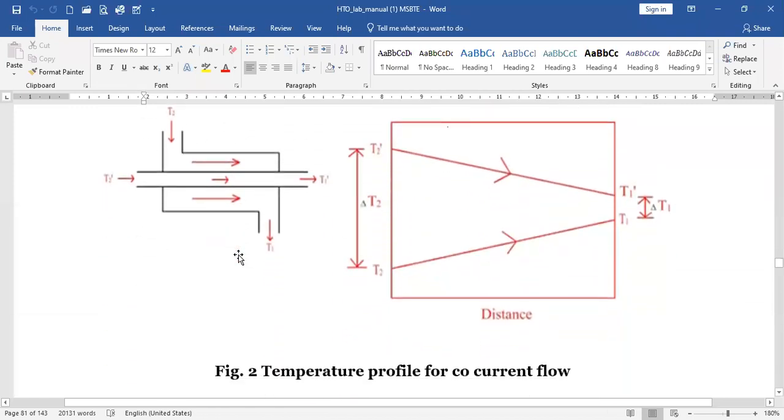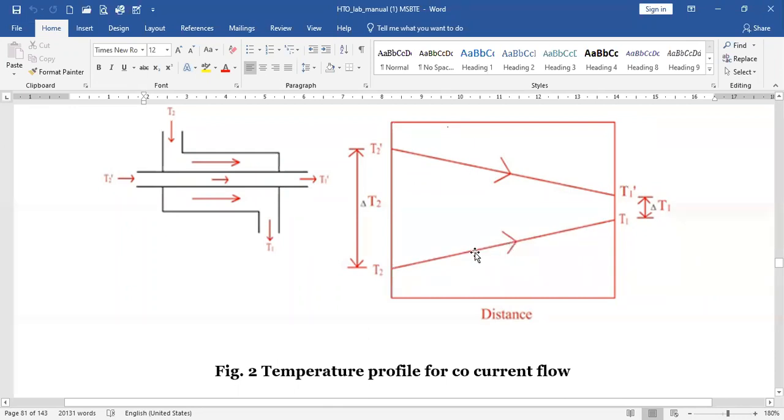From this schematic, we can now understand the working principle, and with this graph we can understand what exactly the temperature profile is. It means how the temperature is going to change with the distance, or the length of the heat exchanger. From this graph, you can understand that T2 is going to increase and T2 dash is going to decrease.